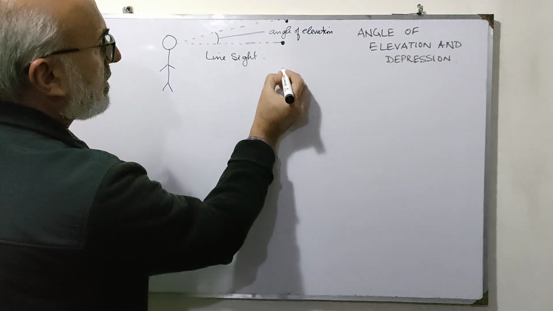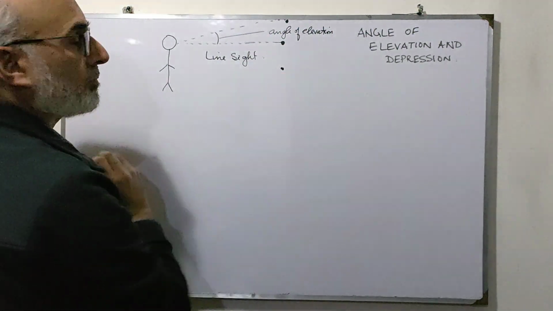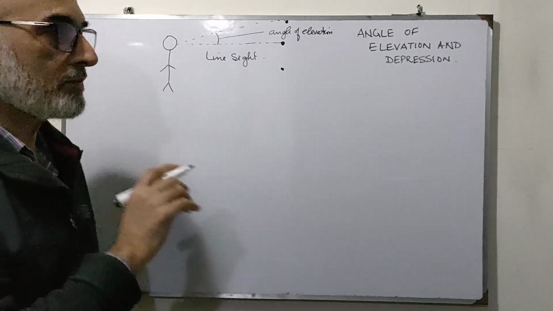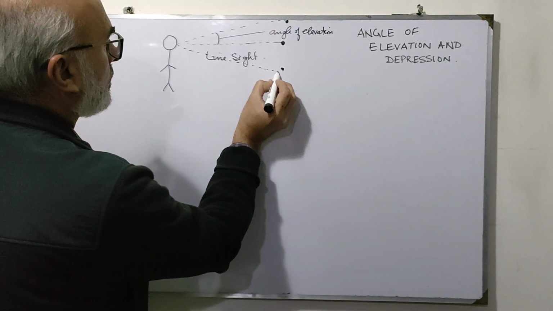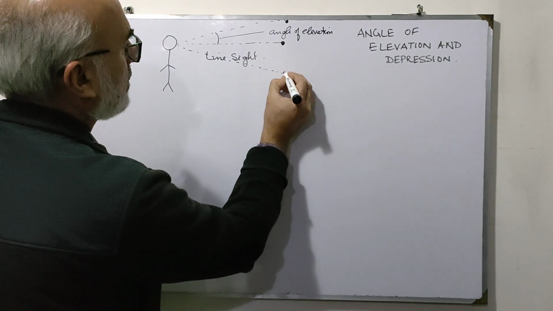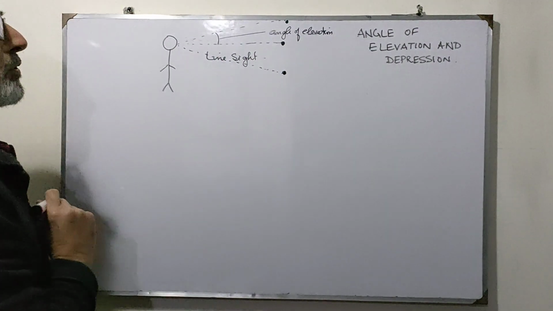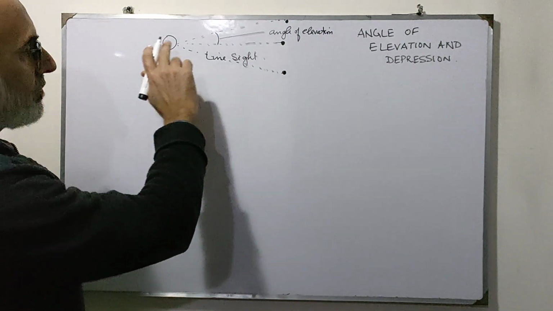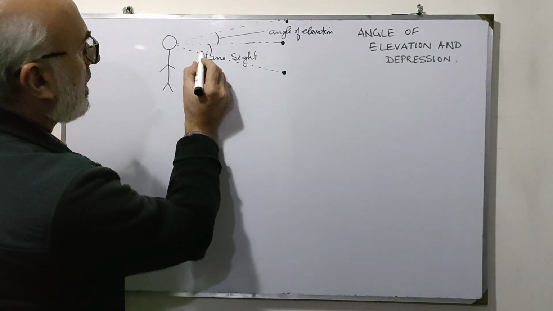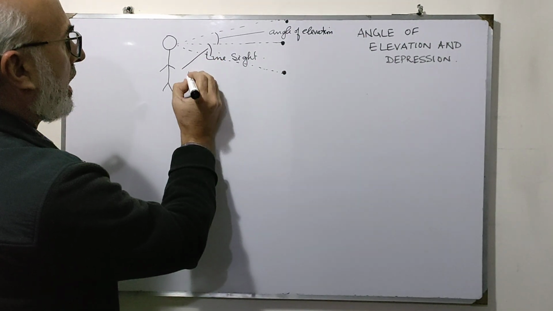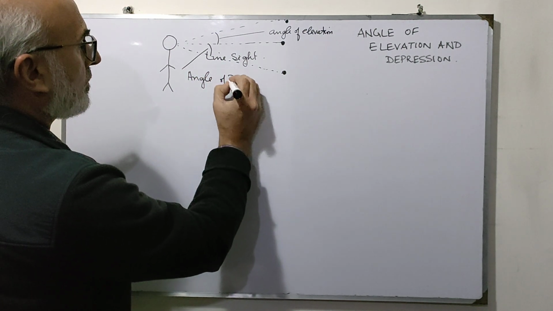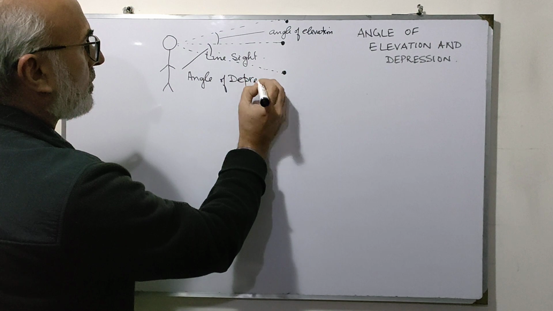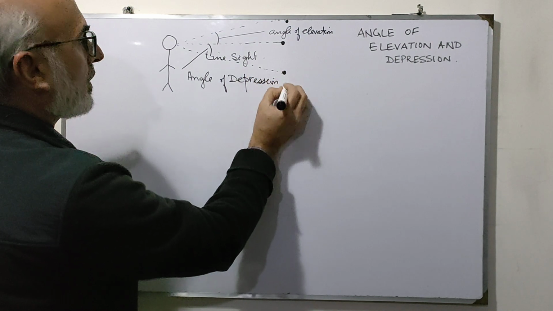And if something is below the line of sight, looking downwards, it is also making an angle with the line of sight, and this angle is called the angle of depression.